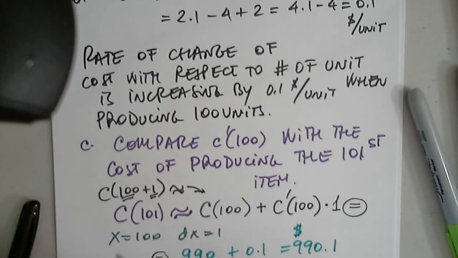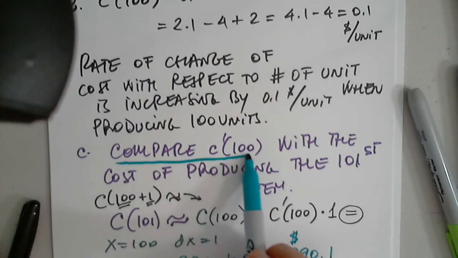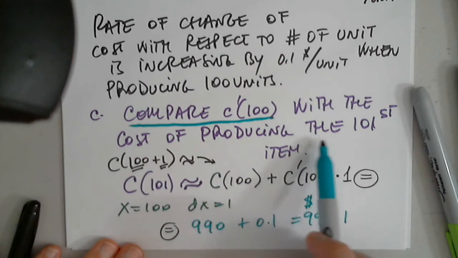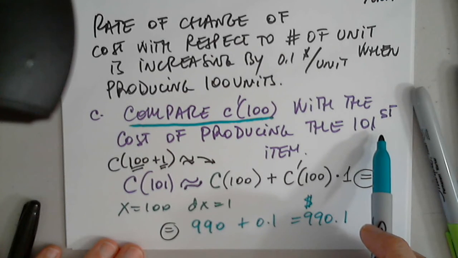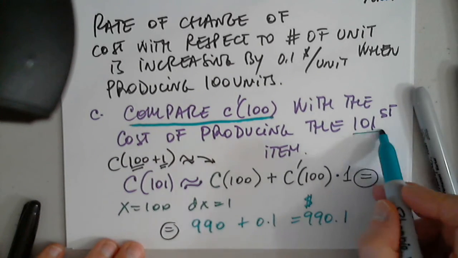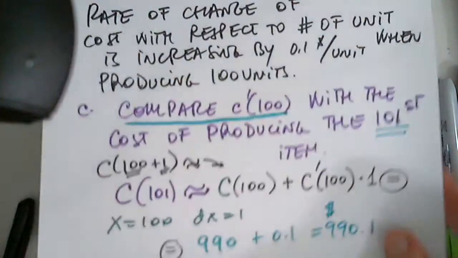Now we want to find the exact cost because we are asked to compare C prime of 100 with the cost of producing the 101st item. So this is the cost for producing 101 items. This is not the cost of producing the 101st item. The exact cost of producing the 101st item is what?